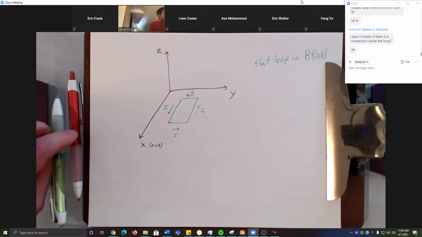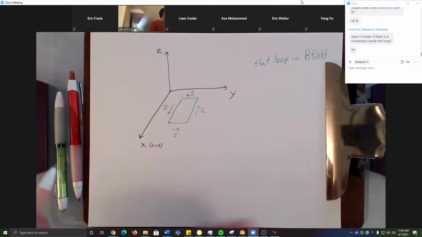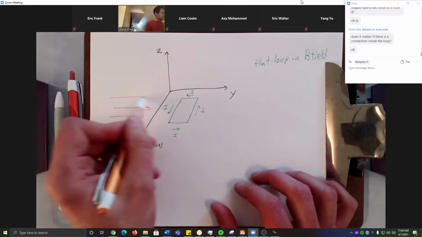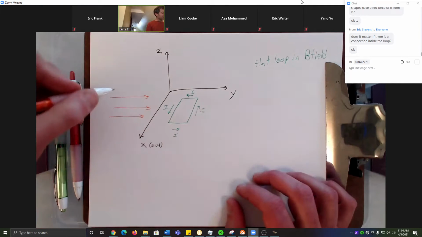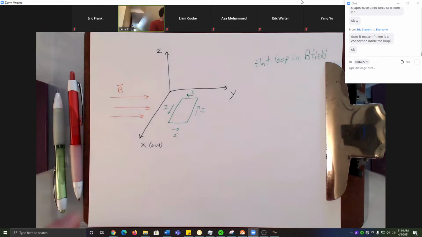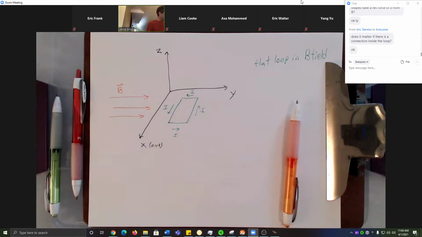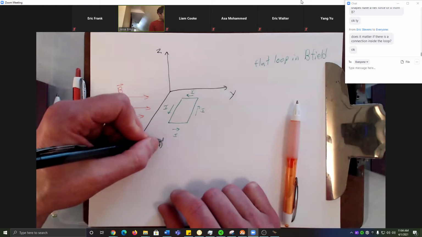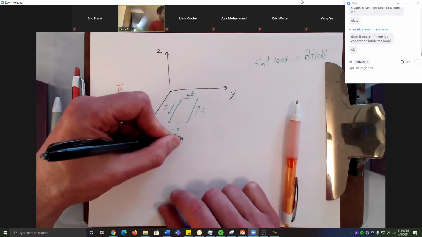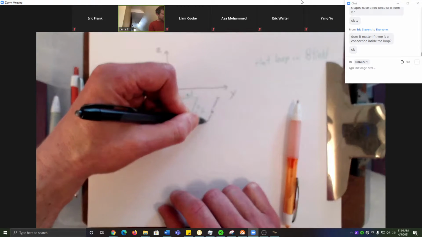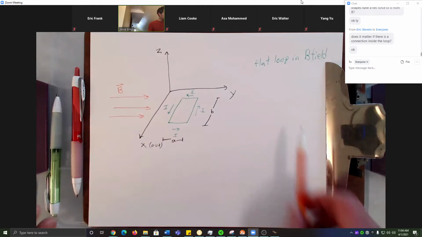And there's a B field that comes this way and continues across. Let's say this side has a length of A, and this side has a length of B.